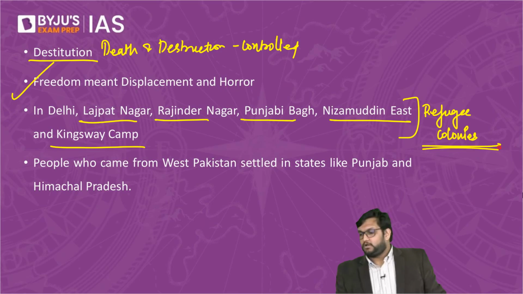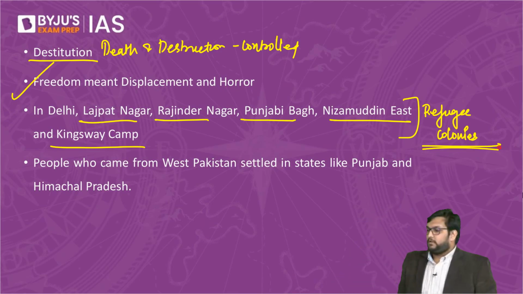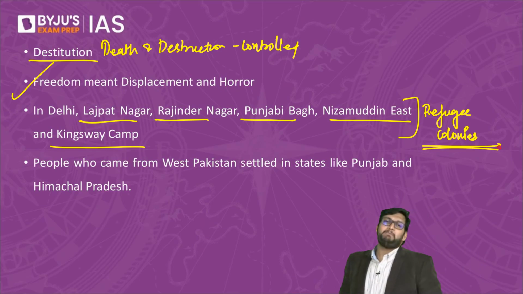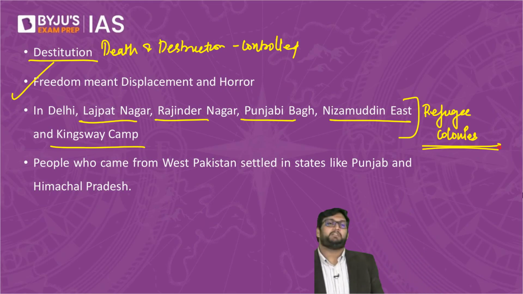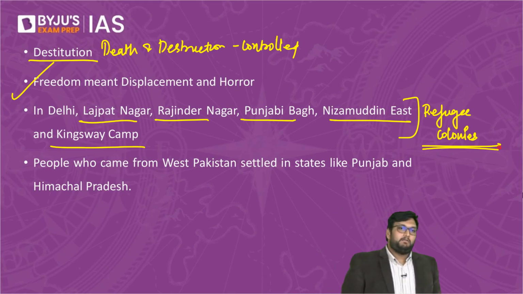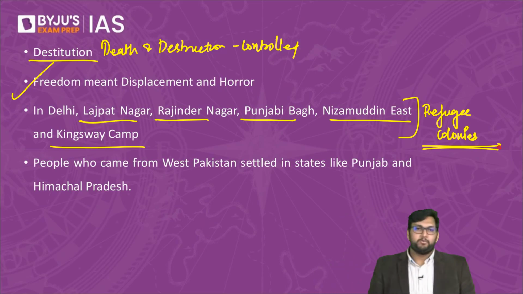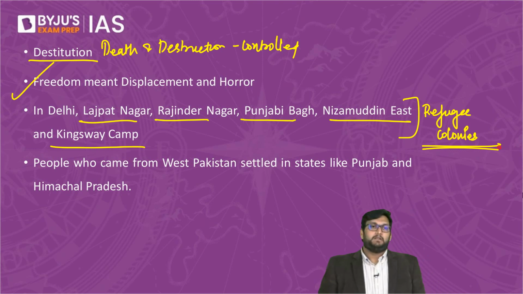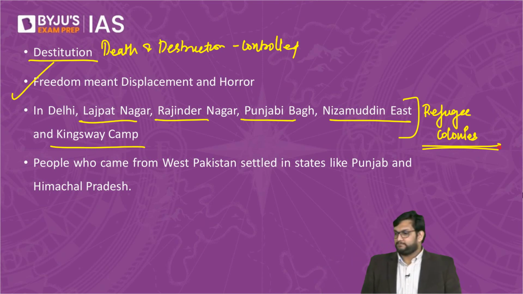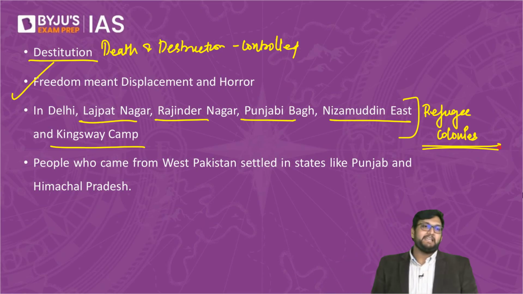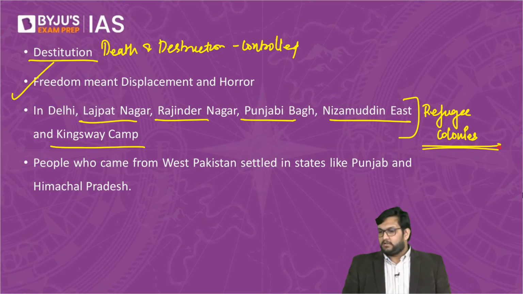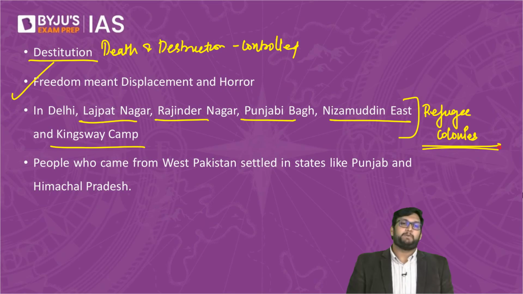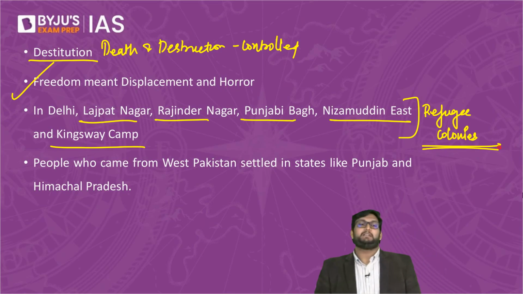And you have to give it to the Punjabi community: when they came empty-handed, with nothing at all, and were rehabilitated in Delhi, they have now become one of the richest parts of Delhi, because day and night they wanted to bring back their prosperity and do something for their relatives.